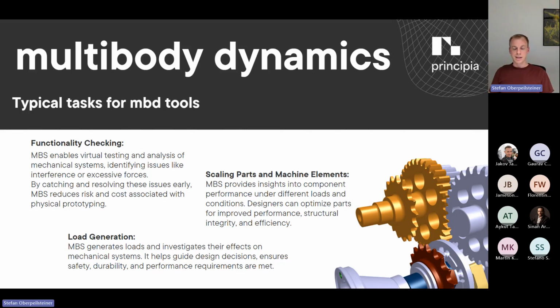Then the scaling parts and machine elements topic is all about defining your machine elements and your parts or standard parts in our software, and then looking if there are some forces exceeding those part limits, because most of the time, if you're using some machine elements or standard parts, you already know those limits.